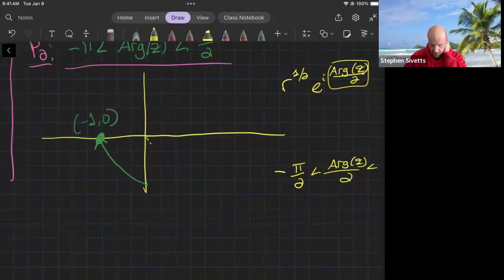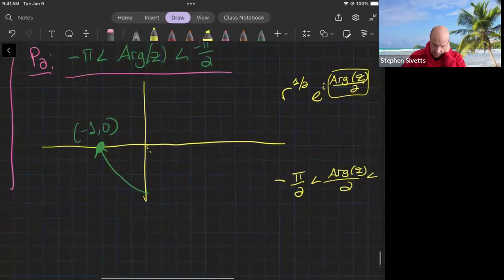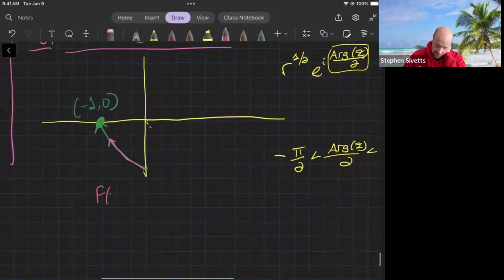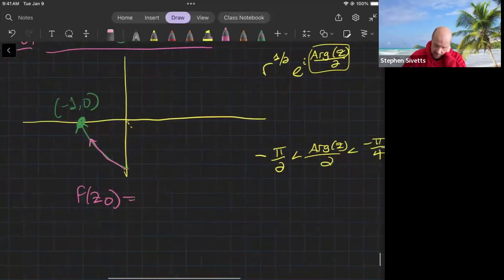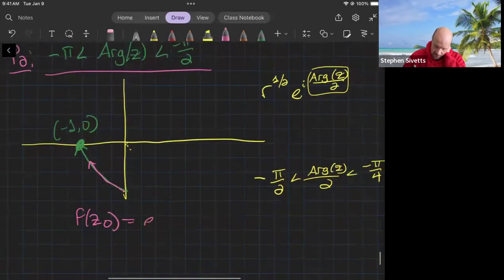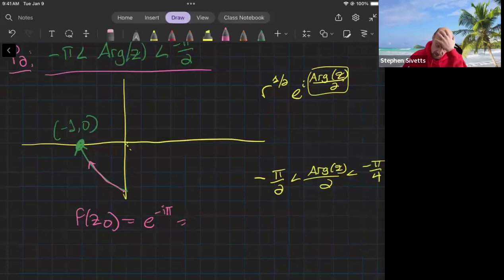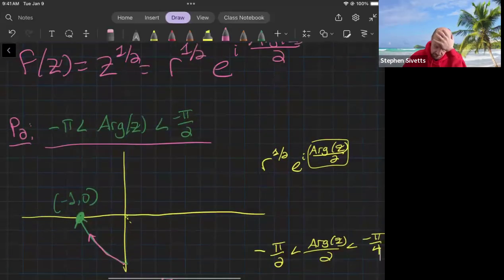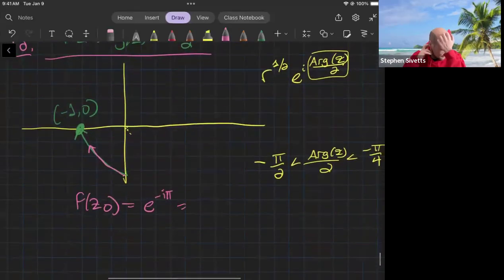Okay. So if we approach values this way, what that will mean is that f of z naught in this case, well, this would be e to the minus i pi, right? So this will also equal minus i.